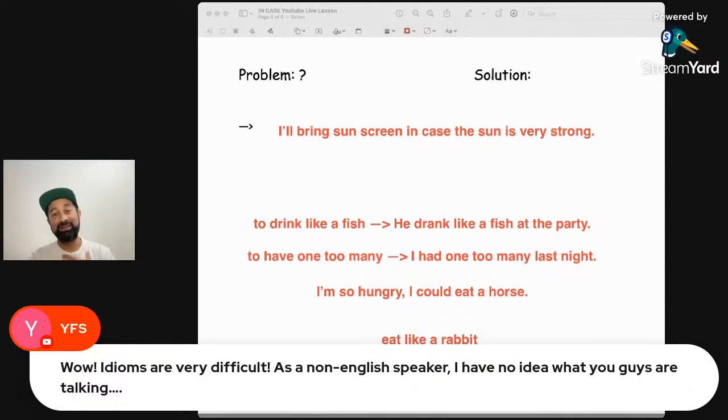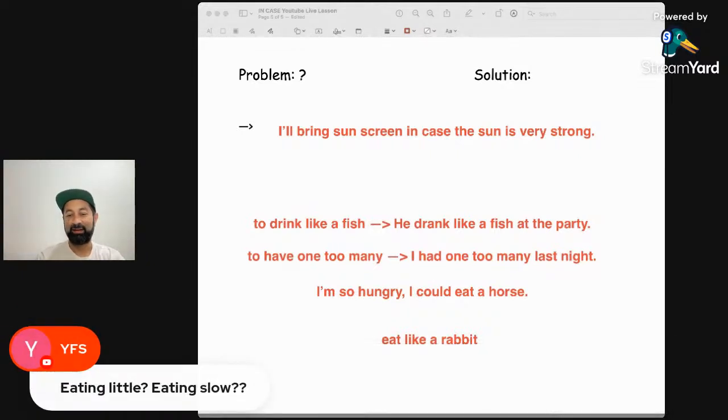So even for me, sometimes I don't understand what British people are saying if they're using their local idioms or local slang. But yeah, it's difficult, and you just have to keep trying to use it, trying to hear it. It's just little by little, one by one, and you'll get there.